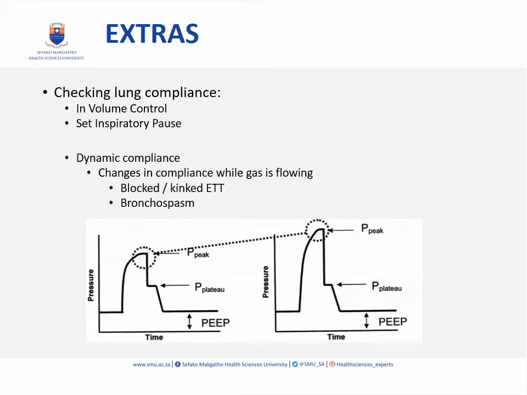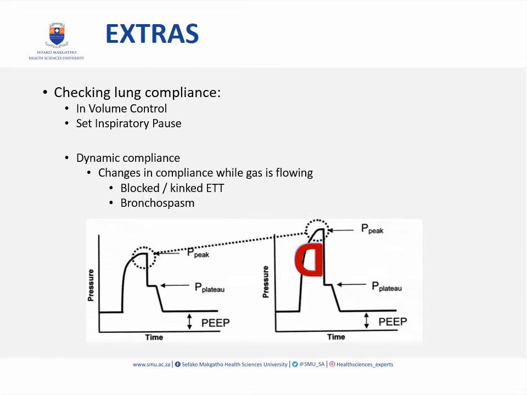Now, the way that I remember that this pattern is dynamic compliance is I imagine that this little pressure curve looks like a back to front letter D. Okay. Now, the only problem is that the modern machines don't always allow you to see the pattern because they often adjust the scale on your monitor very quickly.